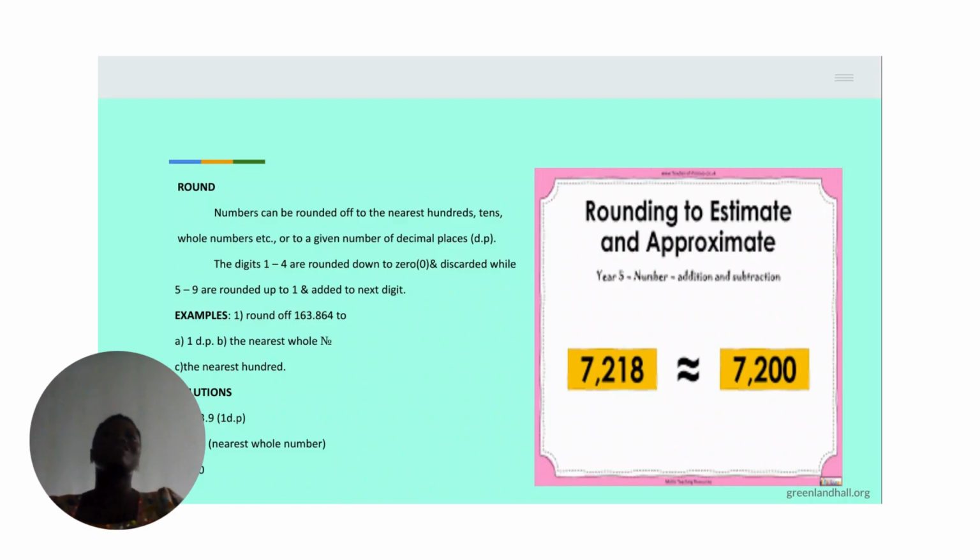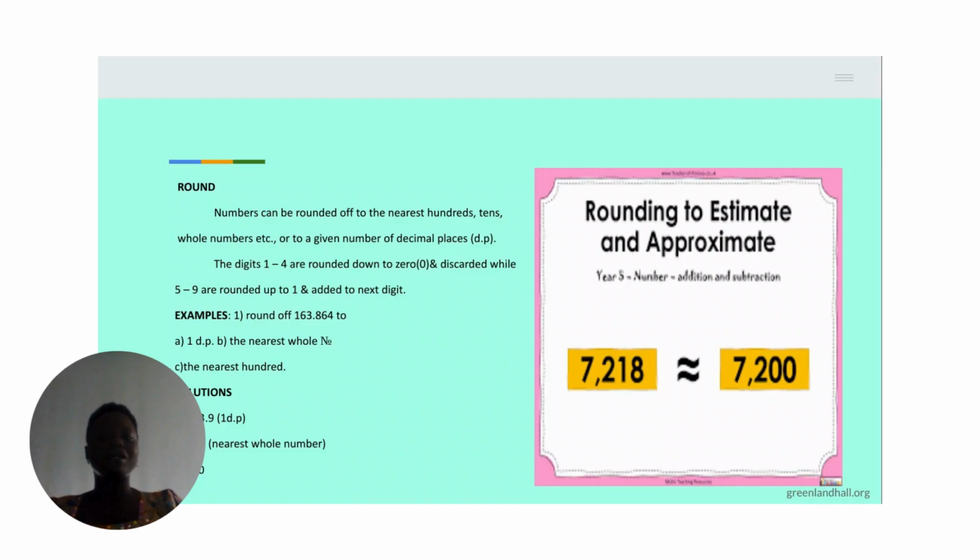We are going to check the number that follows it. That is 6. Now, are we going to round 6 up to 1, or round it down to 0? We round it up to 1. So we take it as 1 and add it to the previous digit, which is 8. That makes it 9. That means rounding to one decimal place gives 163.9. That's the first one they asked us to do.